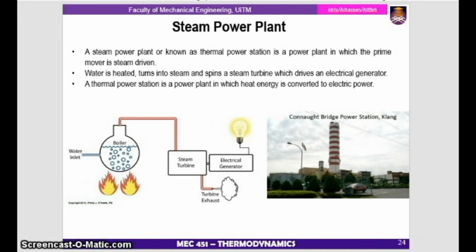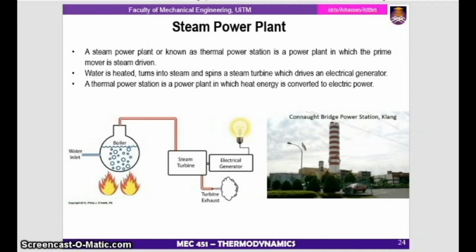As you see in this slide, this is the concept of how the steam power plant works. Based on the water, we put it in the boiler and heat the water, and the steam from the boiler goes to the turbine and turns the turbine.